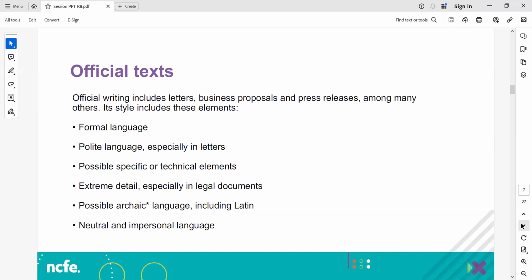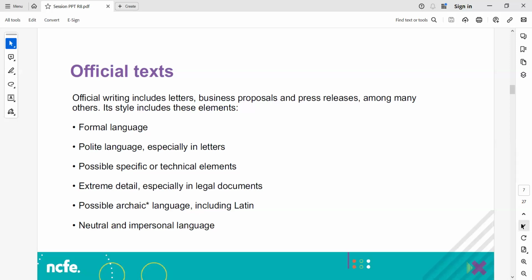You usually have to sign a contract for renting, and it's a legal document, so there'll be extreme detail. Also, if you're signing up for a contract for anything, terms and conditions, that's a legal document, so extreme detail.